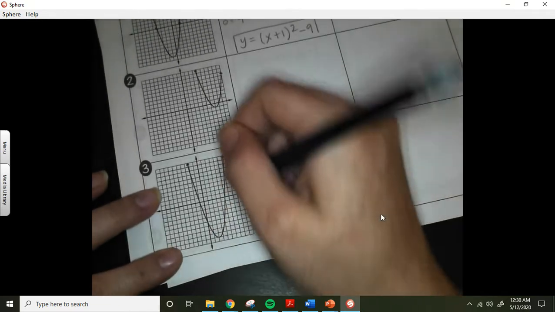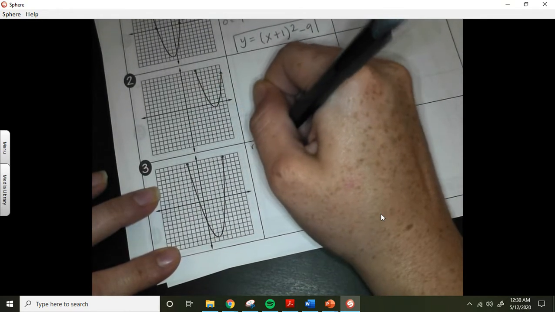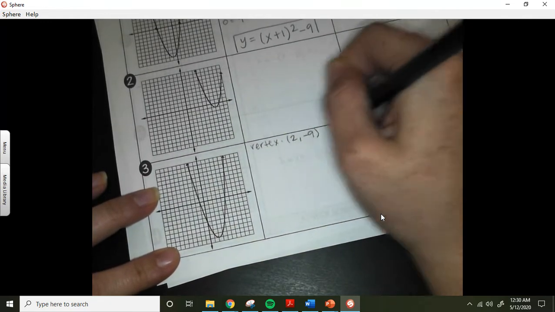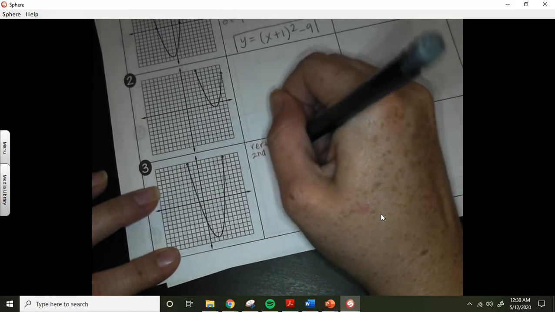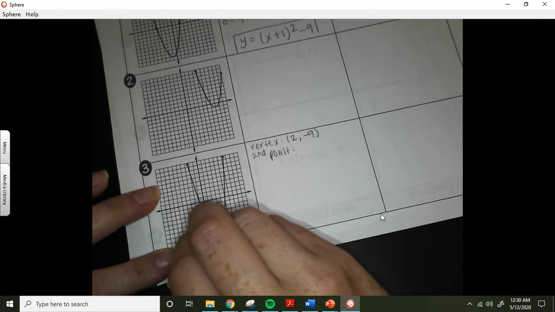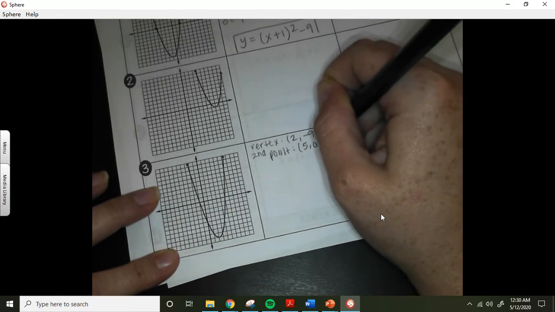Let's do number 3 on the bottom. So in this one, we've got a vertex at (2, -9). And the second point to check is going to be (5, 0), and remember, this is the checkpoint.